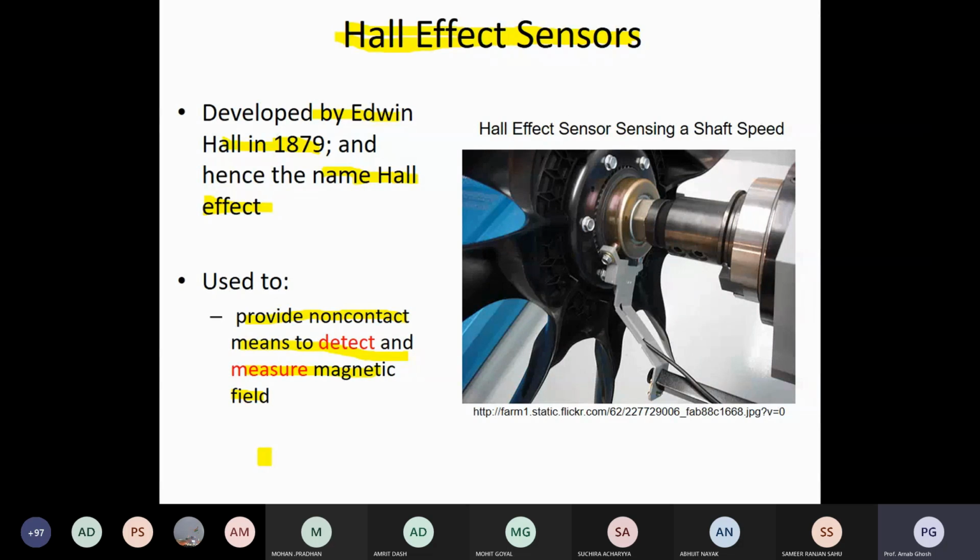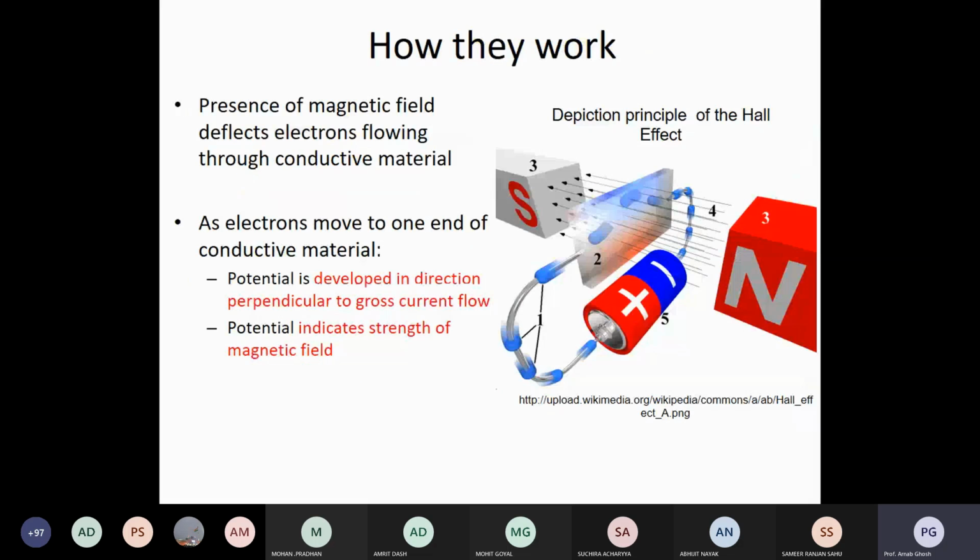Its working principle is common to us: in the presence of a magnetic field, the electrons flowing through a conductive material are deflected.